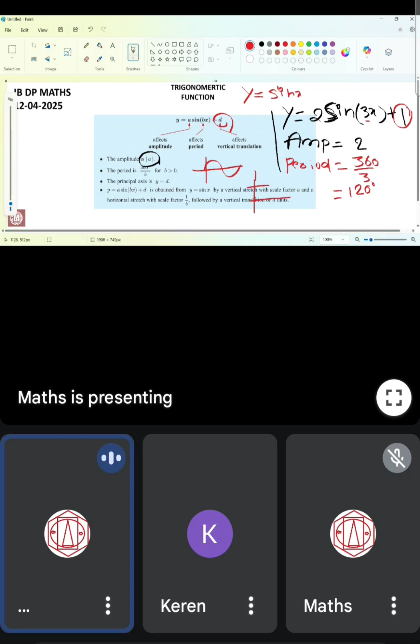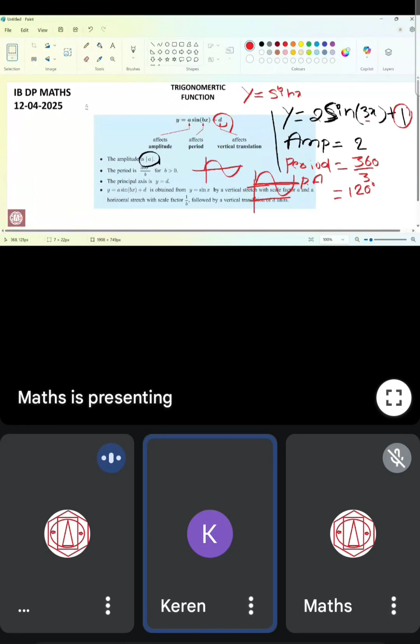So instead of starting from here, it will start from here. It will be something like this, and this is your principal axis, right? So this is a general idea about the sine function. When the function is already given, you can extract this information from it. Is it clear? Any confusion?